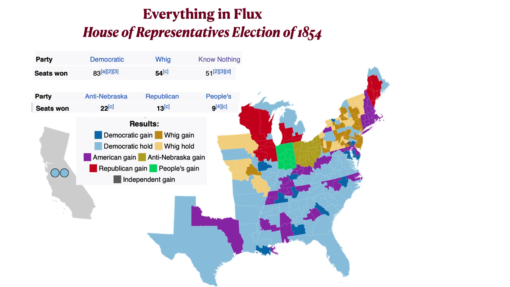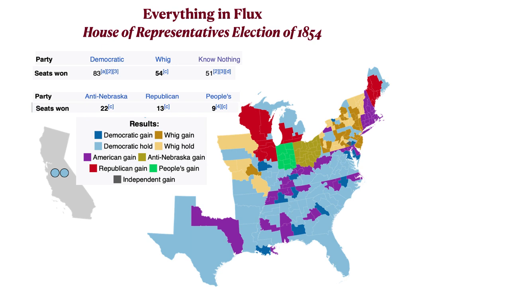There are debates of whether it was founded in Ripon, Wisconsin, or Jackson, Michigan, but it was the Northwestern Whigs who formed this new Republican Party, which is going to go on to victory across the North, even in 1856. But you can really see the People's Party here in Indiana.